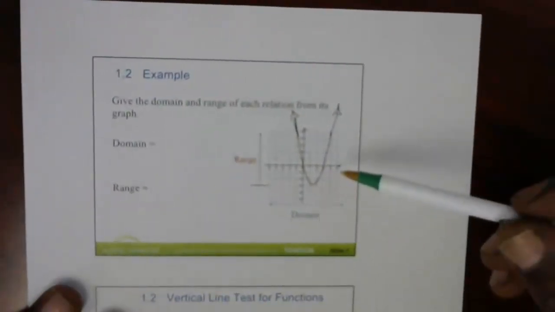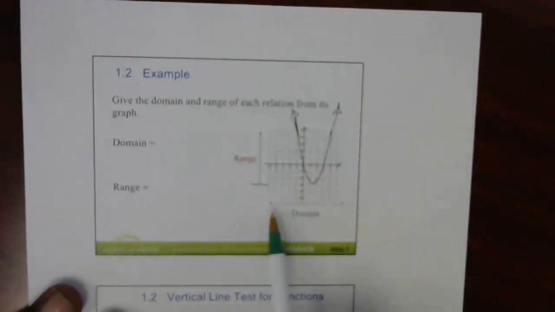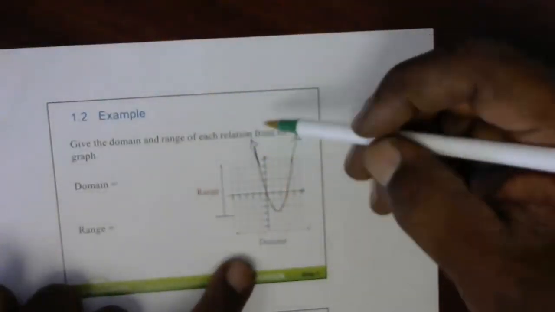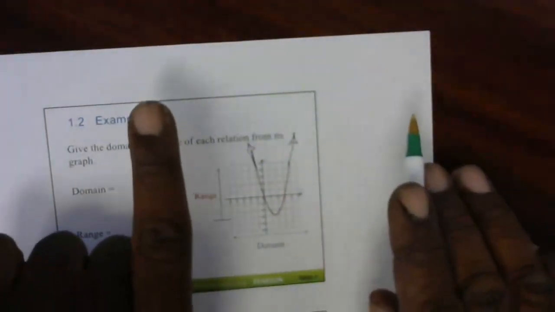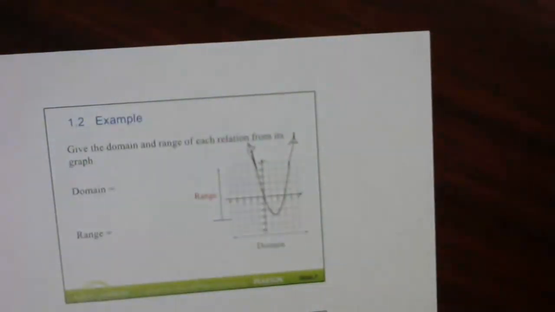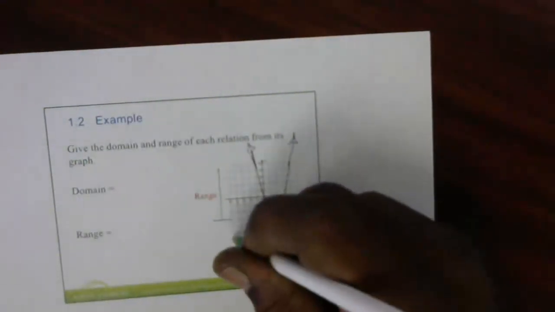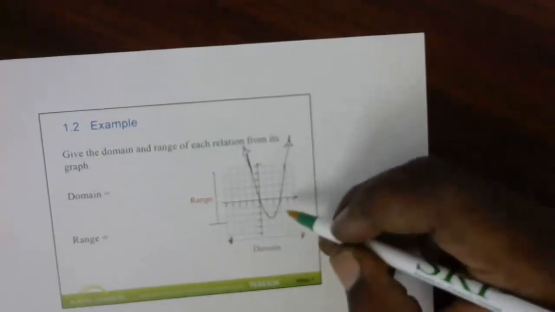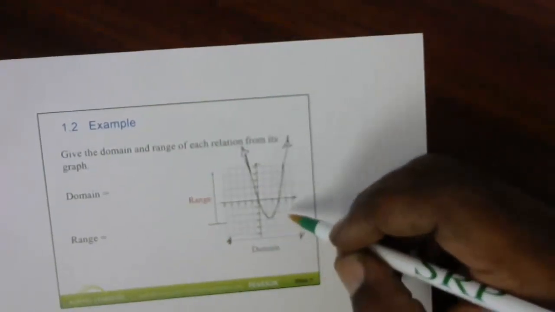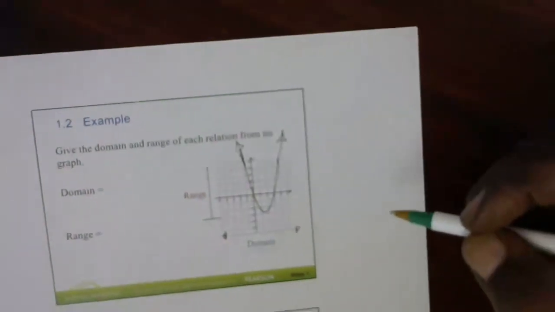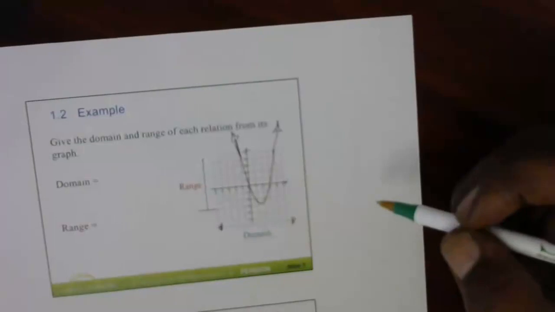So what's the domain? If you look kind of close, you're going to see these arrowheads, which means that this graph would, in time, stretch the entire x-axis. There's an arrowhead here, there's an arrowhead here, which means that this graph stretches the entire span of the x-axis.